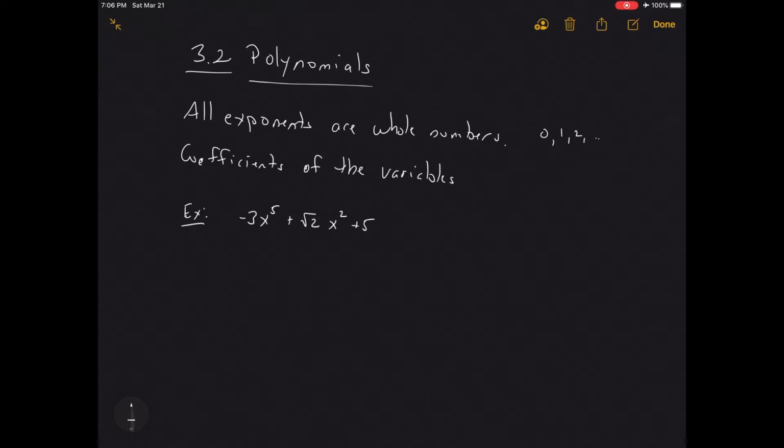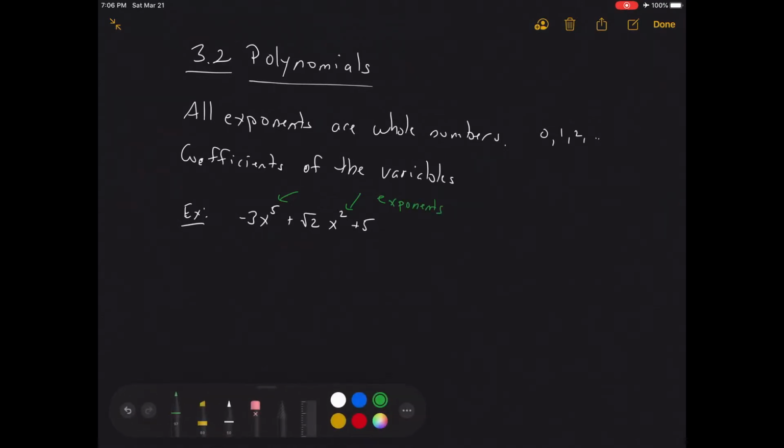This is a polynomial. And the reason that I know that it's a polynomial is because the exponents themselves are the 5 and the 2. Those are whole number exponents. The coefficients, so in green here, we're going to say those are the exponents.